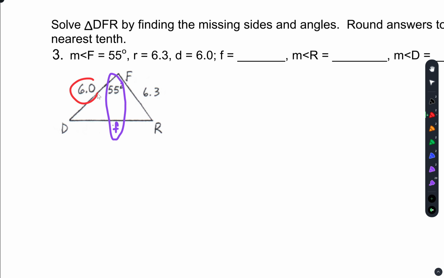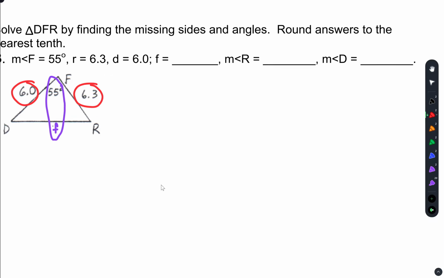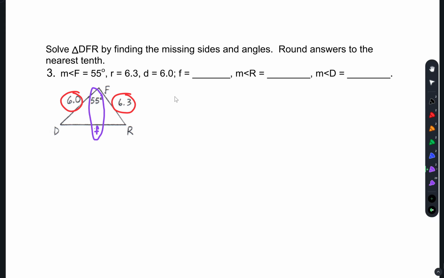And then these are my 2 little wings here. My law of cosines will look like F squared equals 6 squared plus 6.3 squared plus negative 2 times 6 times 6.3 times cosine 55.